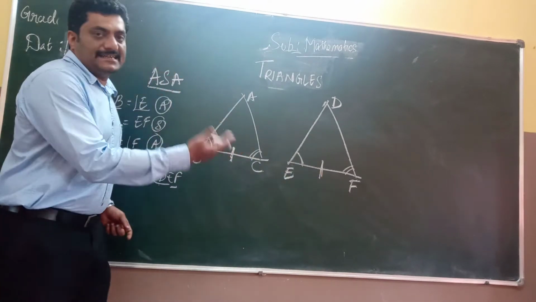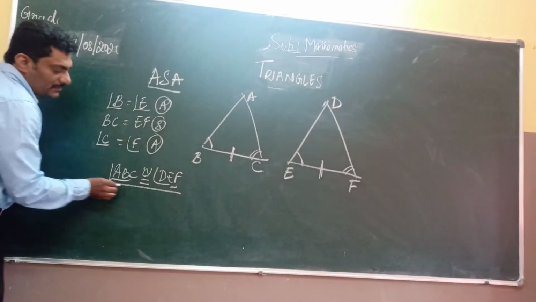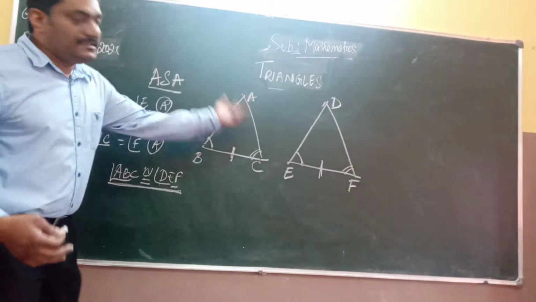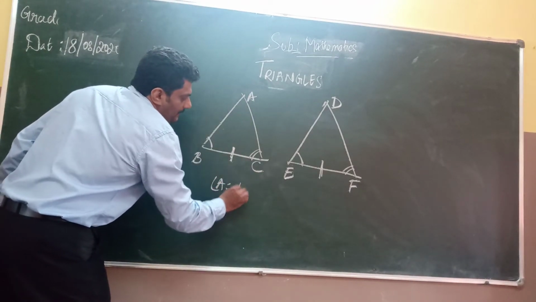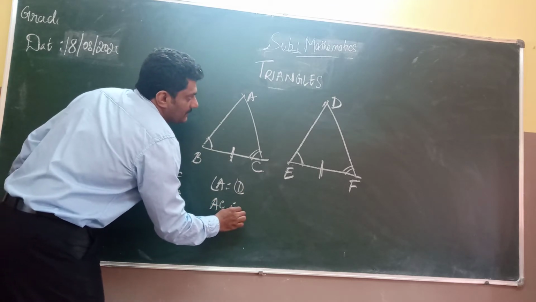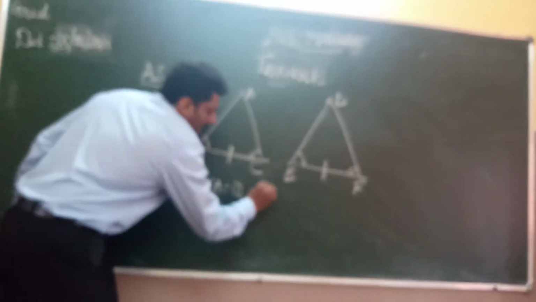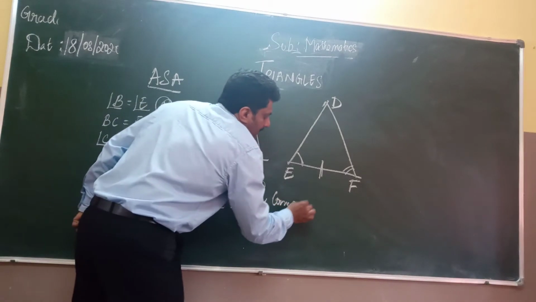Then both the triangles are said to be congruent. Once these two are congruent, the other angle and side, which is nothing but angle A, will be equal to angle D, and side AC will be equal to DF. These are corresponding sides.